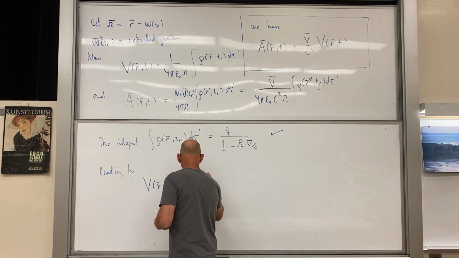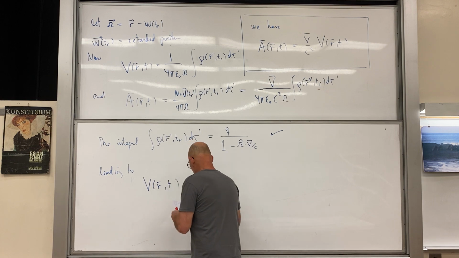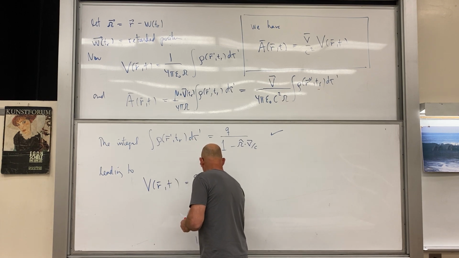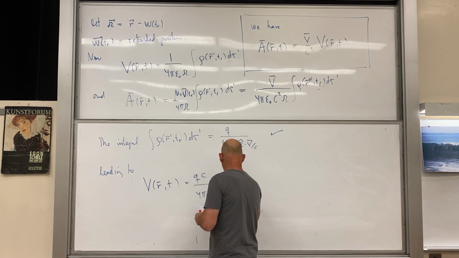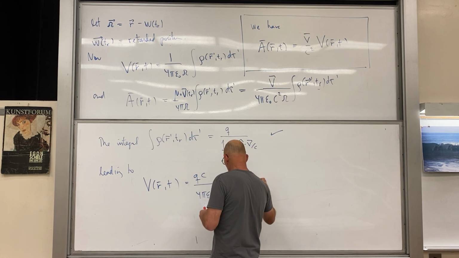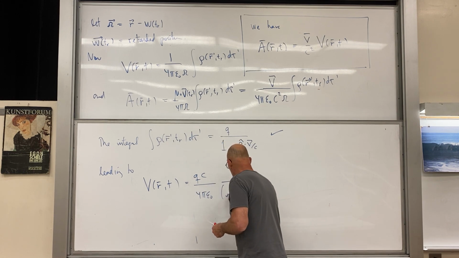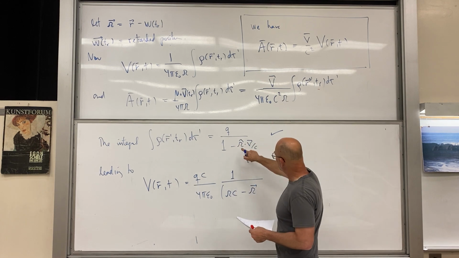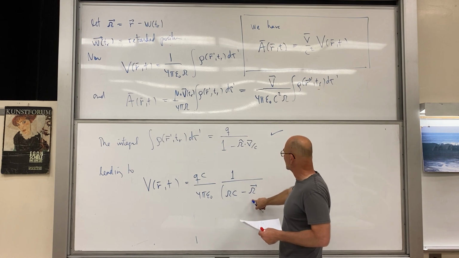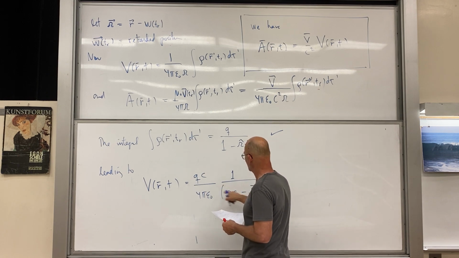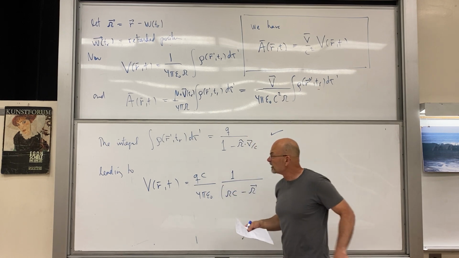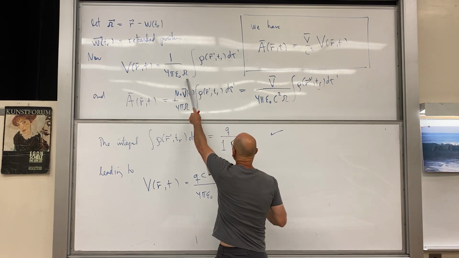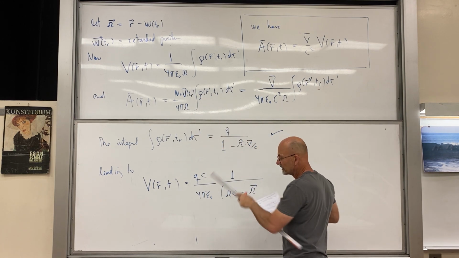Q c over 4 pi epsilon naught, 1 over R c minus vector R dot V. This is a unit vector. This is the full vector, vector R. So that's why we multiplied this R into this expression right here.